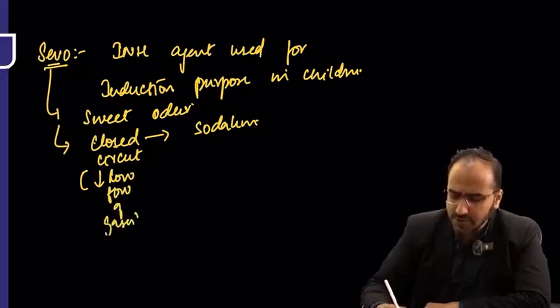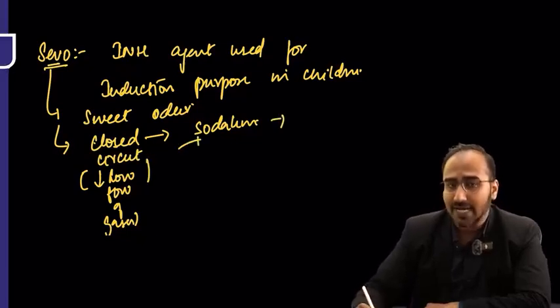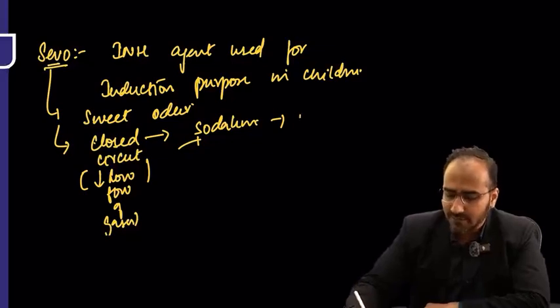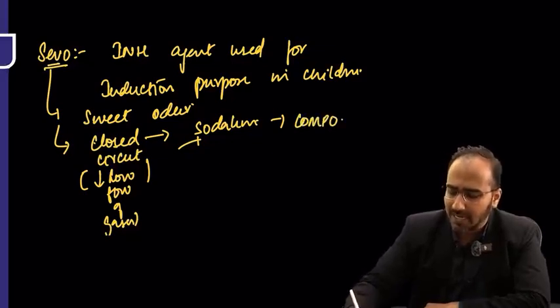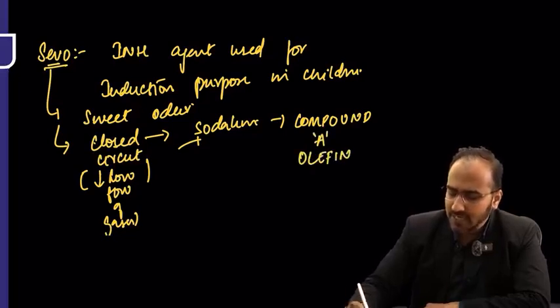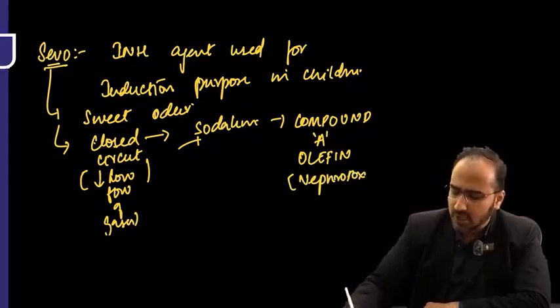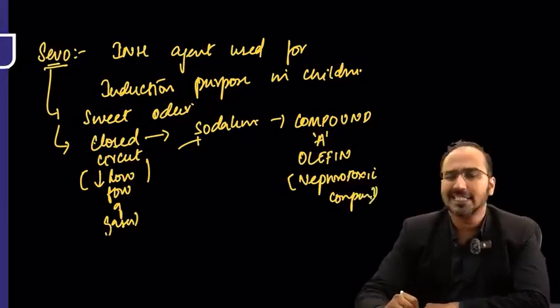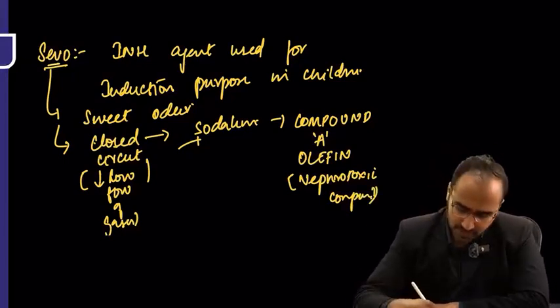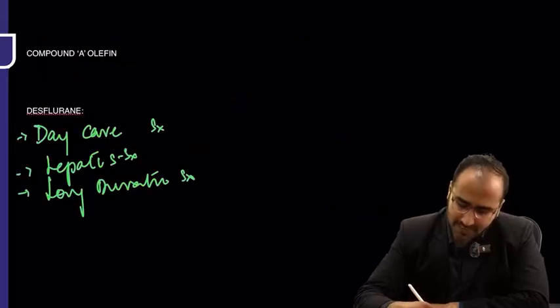So with low flow of gases in a closed circuit with soda lime, sevoflurane can form a compound called compound A, also called olefin, which is a nephrotoxic compound. This is regarding sevoflurane.